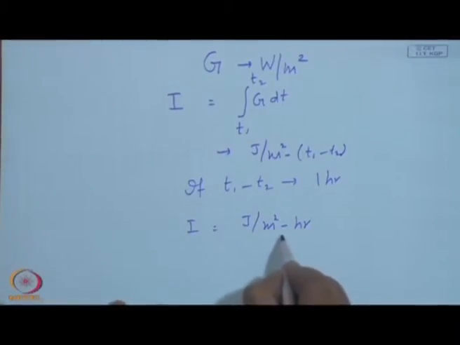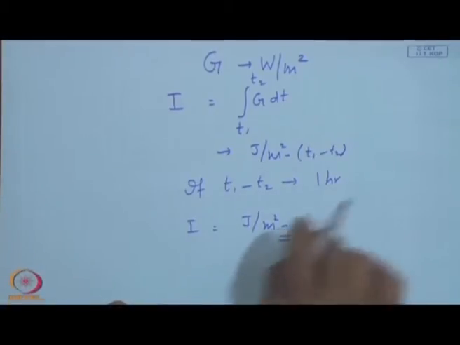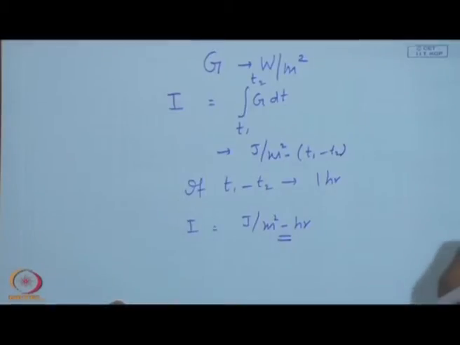Please note that I am emphasizing it is not joules per meter square hour, but it is joules per meter square in 1 hour. That means, if I multiply by the number of hours in a day or number of hours in a year, I will not get the total solar radiation.